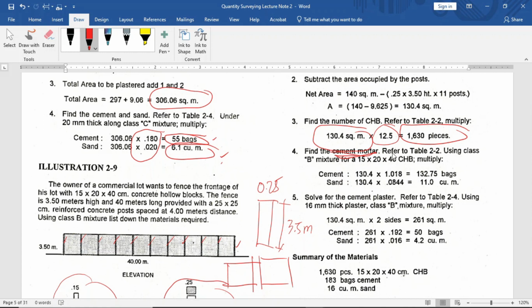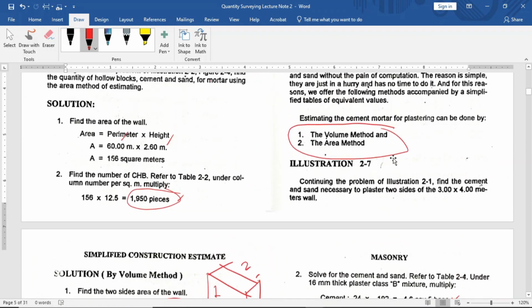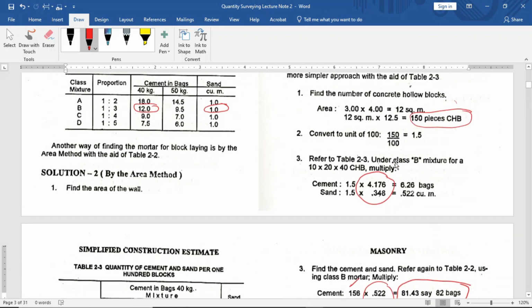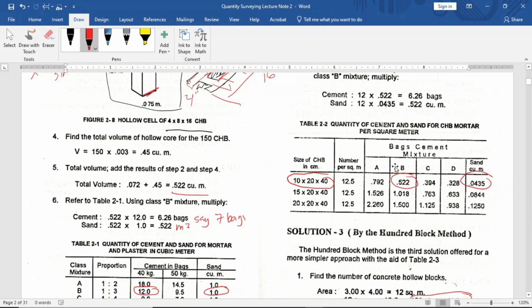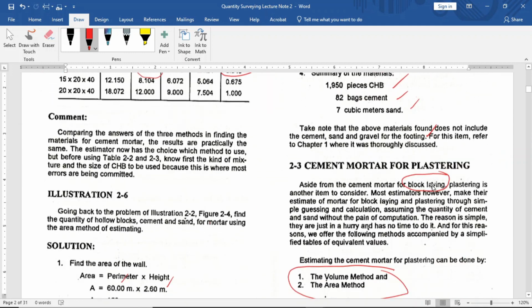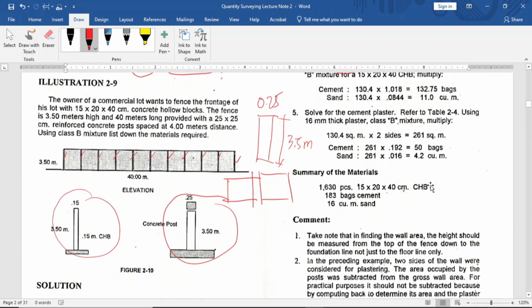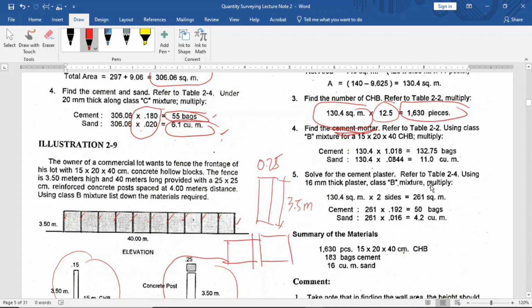So, refer to Table 2-2. Ito yan, yung sa taas. 2-2 for area or mortar to. So, plus C 0.394. Class B pala. So, Class B, 15 by 20.